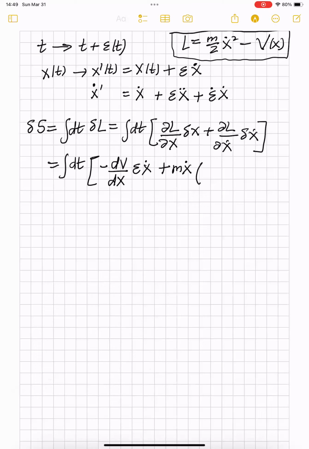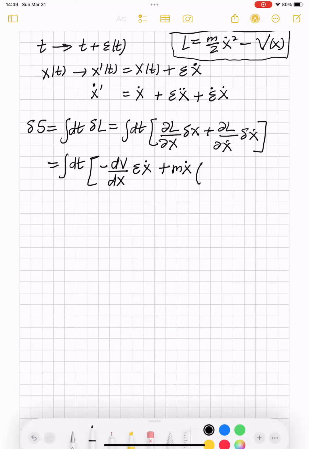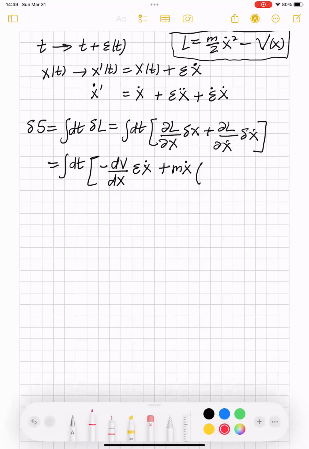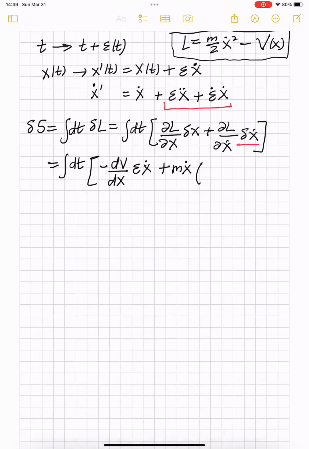Let's be completely clear on this: delta x dot is the change in x dot. We can just read it off from there. So this will be nothing but epsilon x dot dot plus epsilon dot x dot.